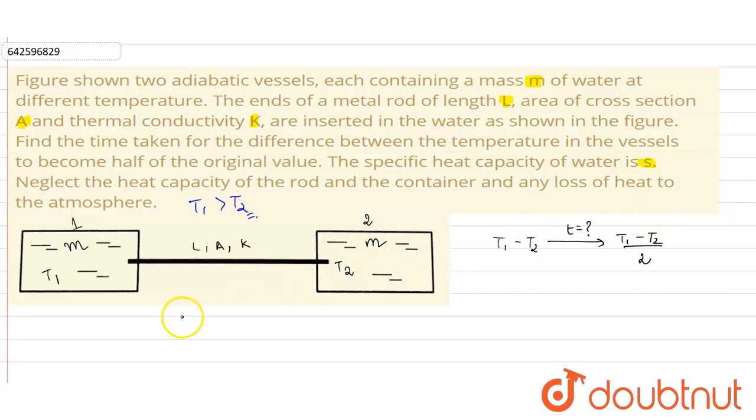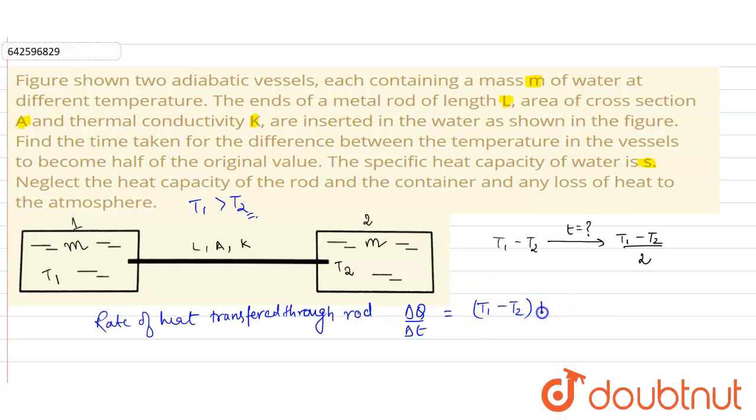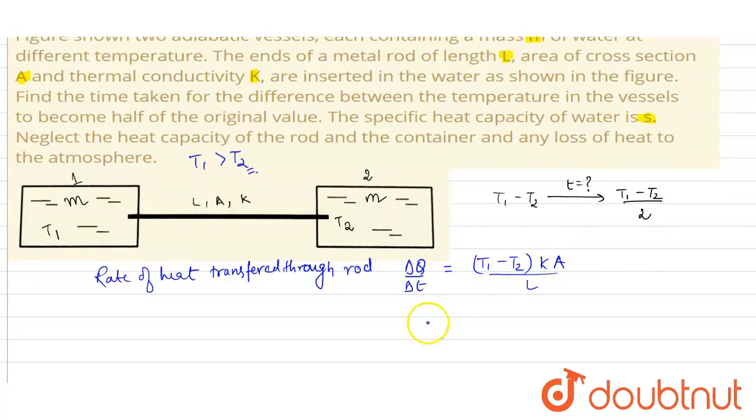First of all, calculate the rate of heat transferred through the rod. It will be given by delta Q upon delta t equals (T1 minus T2), the temperature difference, into thermal conductivity into area upon the length of the rod. So the amount of heat it will conduct is (T1 minus T2) K A delta t upon L, correct?